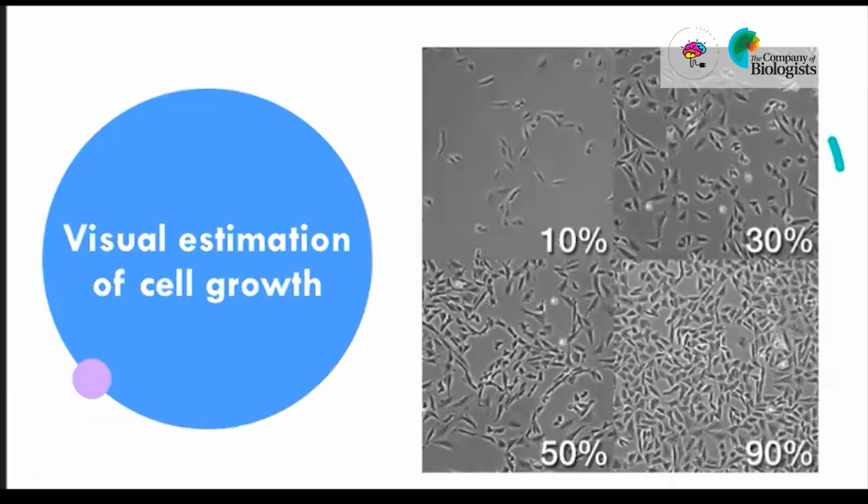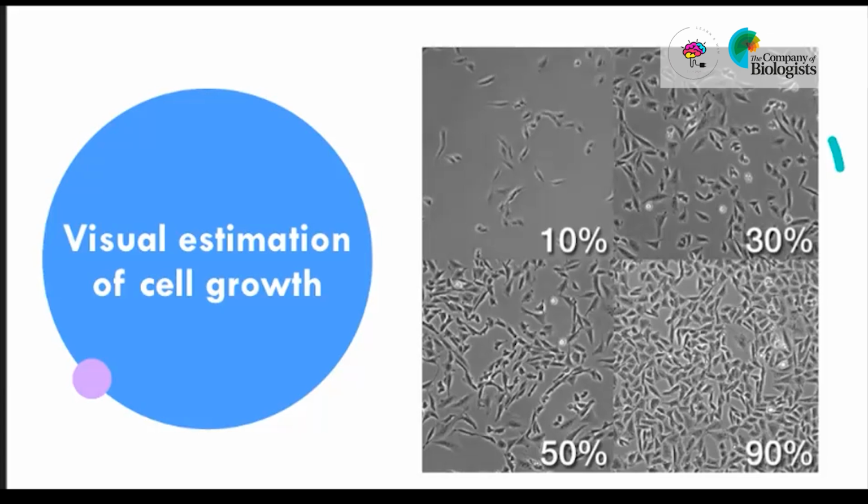Here you can see the cells at different stages of growth: 10%, 30%, 50%, and 90% confluence. A microscope allows us to make a visual estimation of cell growth over time.